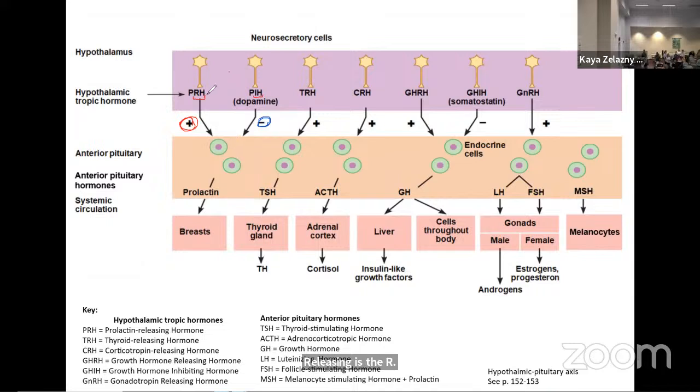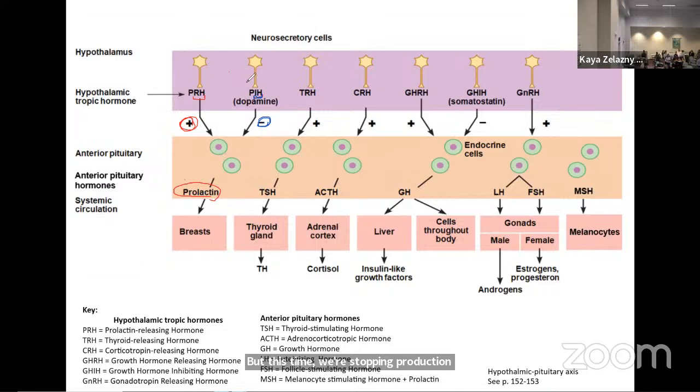We can see that prolactin releasing hormone tells your anterior pituitary to release prolactin, which has an effect on lactation in the breast. Prolactin inhibiting hormone, which is another form of dopamine, is also affecting that same prolactin, but this time we're stopping production. That's what the inhibiting hormone part is about.